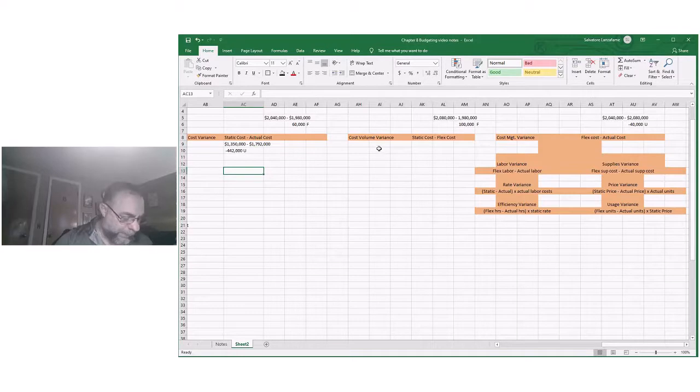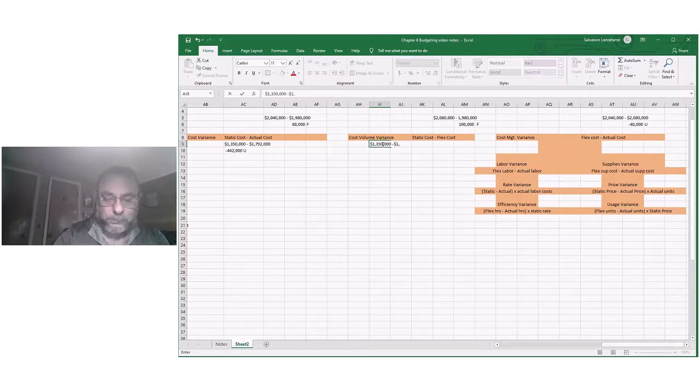From a cost volume variance perspective, static cost 1,350,000 minus your flex cost of 1,680,000. That gave us an unfavorable result of 330,000.